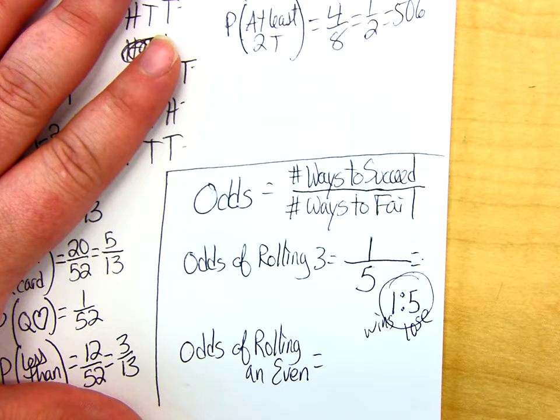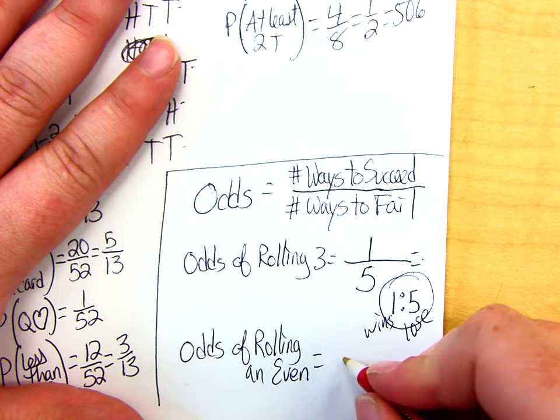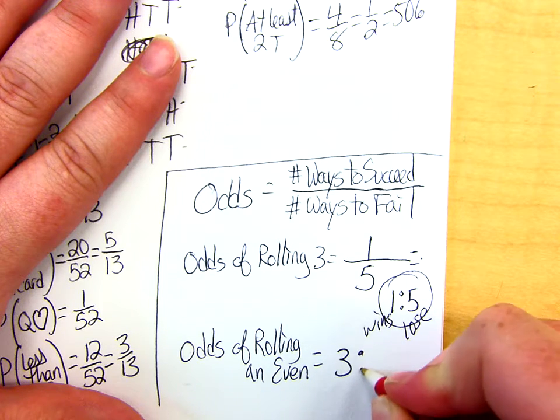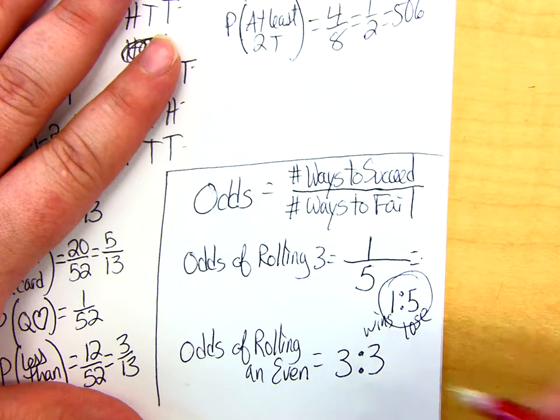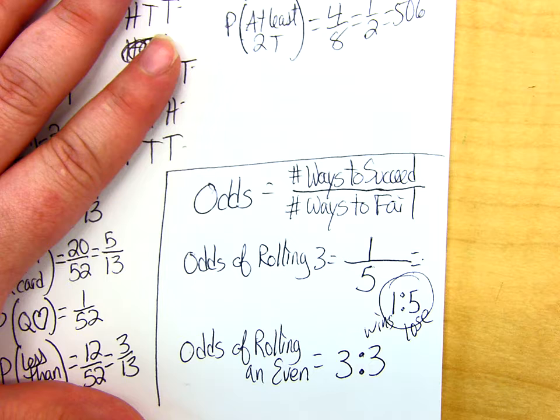how many even numbers do I have on a single die? 3. There's 3 ways for me to win. How many ways for me to lose? 3. So the odds of rolling an even are 3 to 3, or 1 to 1 if you reduce it. So you're just as equally likely to win as you are to lose.